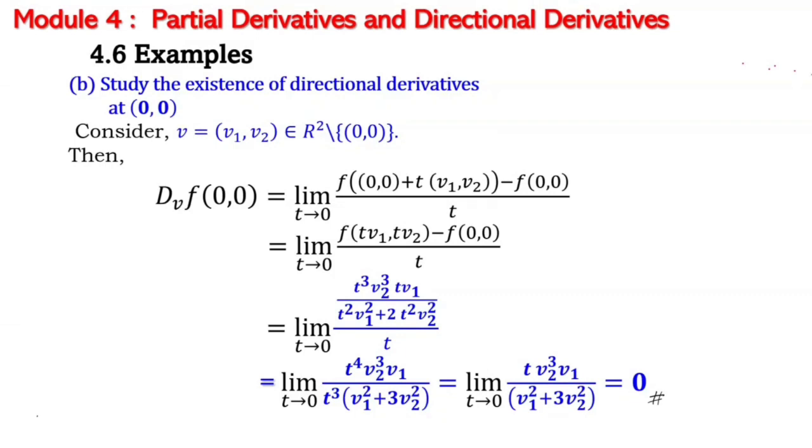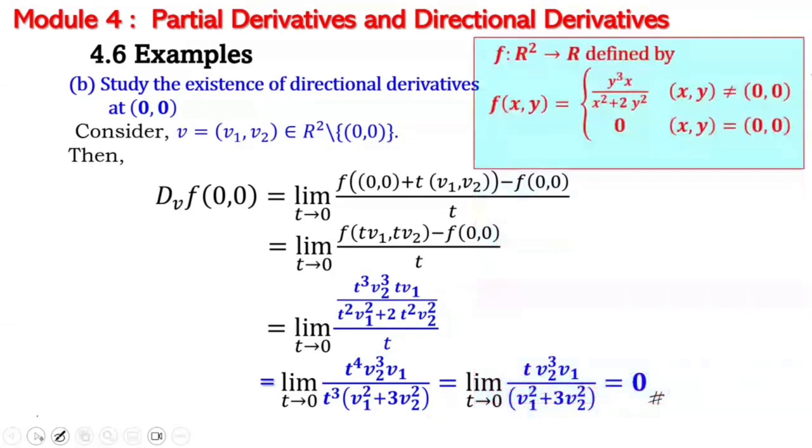The directional derivative is 0. So therefore, the partial derivative exists and it will be 0.